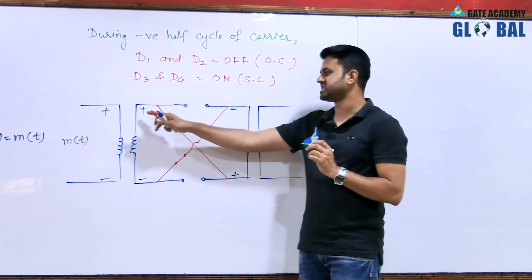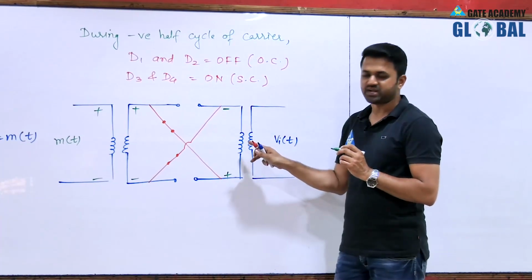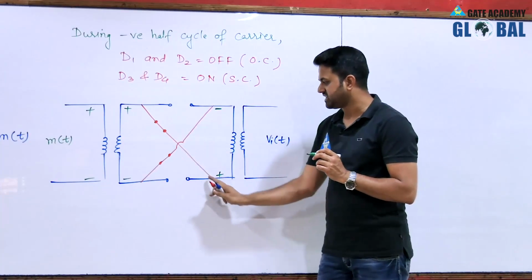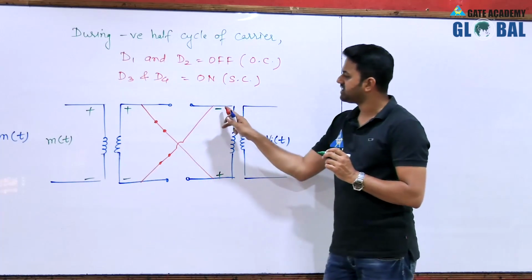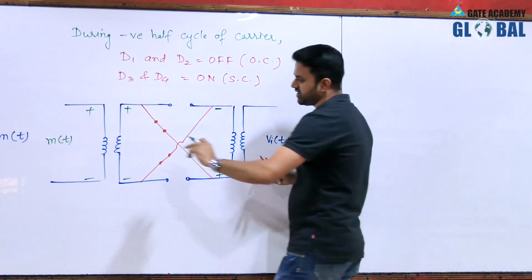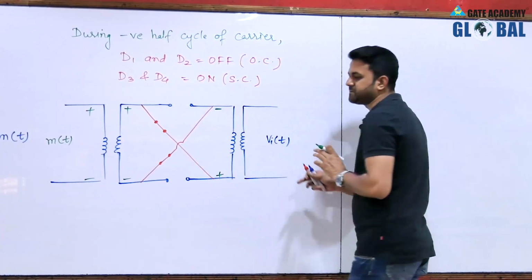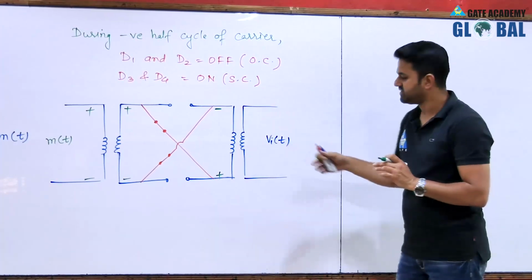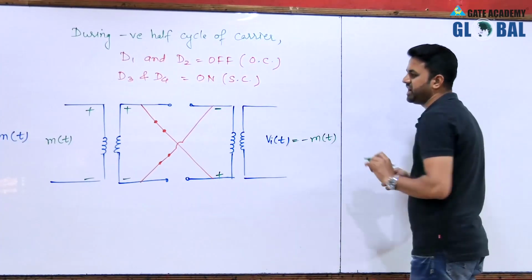So this positive polarity will not directly appear in the output transformer, it will actually invert. Because of this cross connection, the positive sign will get here and the negative side will appear here. According to the input this is plus minus, but here we are getting minus plus, that means at the output the message signal is inverted. So here we get Vi(t) as minus m(t).